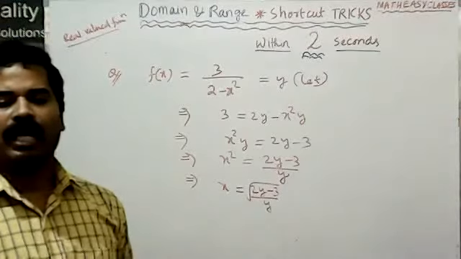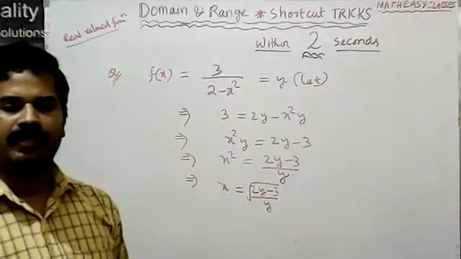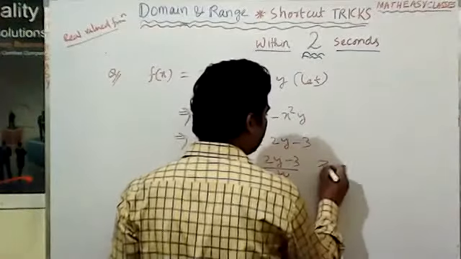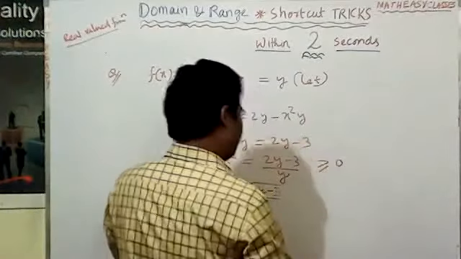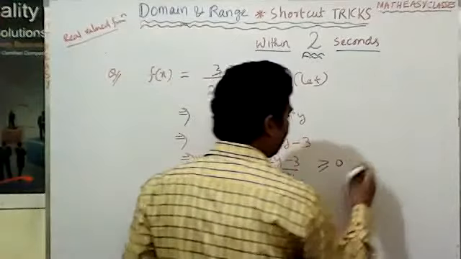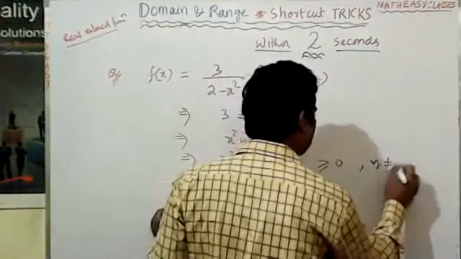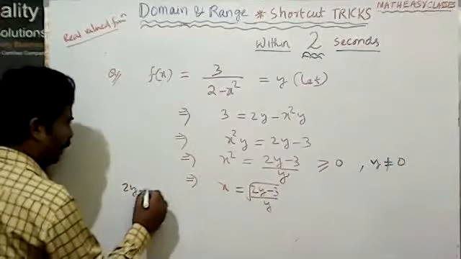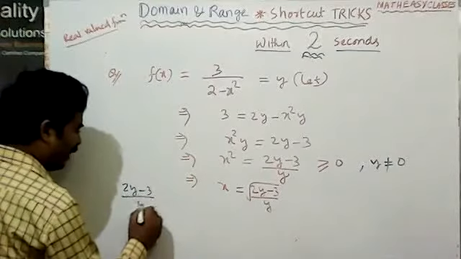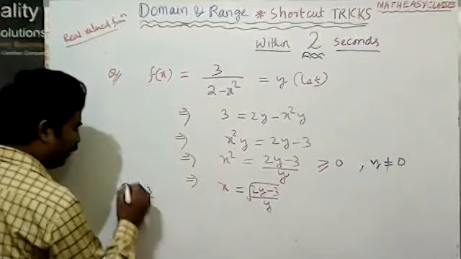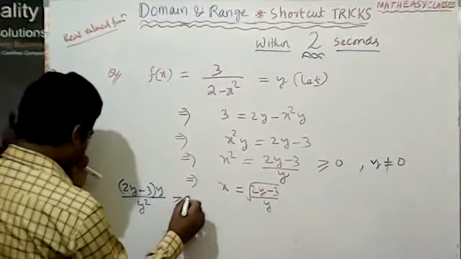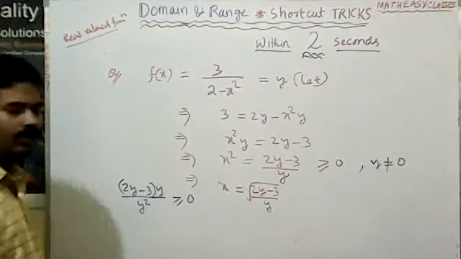From that value, how can you find the range? Here you know that x square is always greater than or equal to 0. That's one point. The second point is that y cannot be equal to 0. We can write 2y minus 3 by y; here multiplying by y square, it becomes 2y minus 3 into y, which is also greater than or equal to 0.